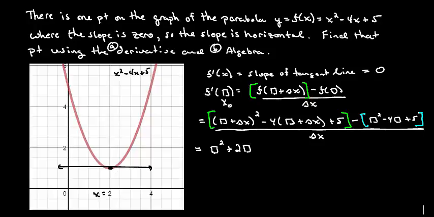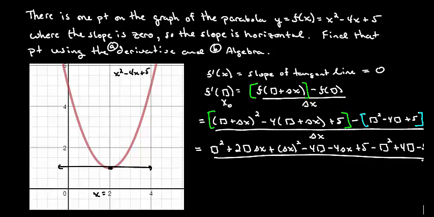So 2 times the box times delta x plus delta x squared minus 4 boxes minus 4 delta x plus 5 minus the box squared plus 4 boxes minus 5, all over delta x. I don't know if you can still see that over there on the edge. I'll move it over just a little bit.